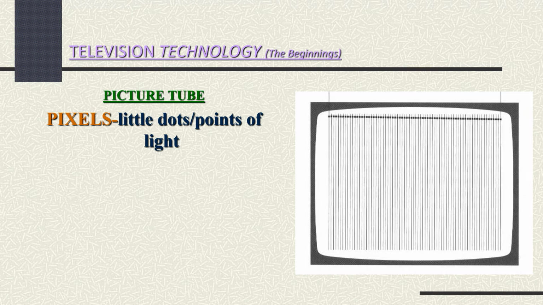Rather, it is made up of little points of light, little dots of light, and those dots change color if it's a colored television, or they change grayscale, brightness or dimness, if it's black and white. These little dots are called pixels. If you've done any still photography, you know that the image is made up of little points of color, basically the same thing. So pixels are what the images of television are made up of.